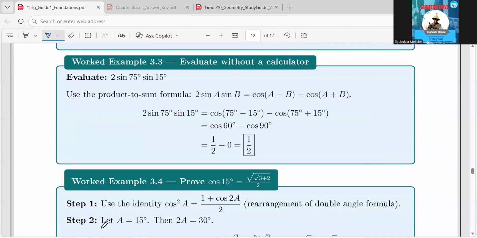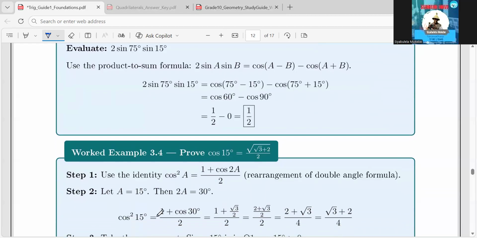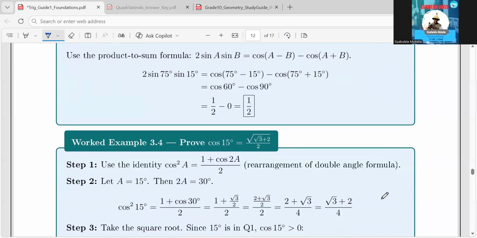Now from that, if we let A be equal to 15, then 2A is 30. So this becomes (1 plus cos 30) over 2, and we know cos 30 is root 3 over 2. Then from there we simplify.